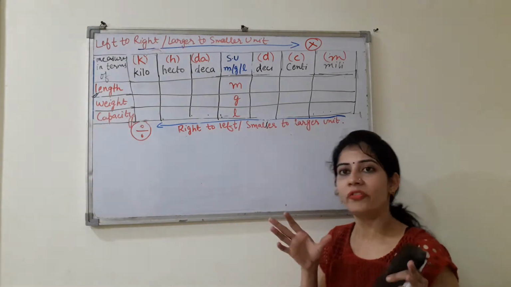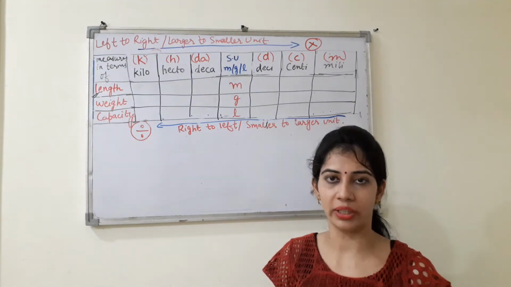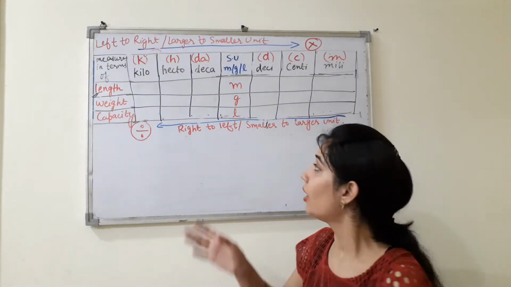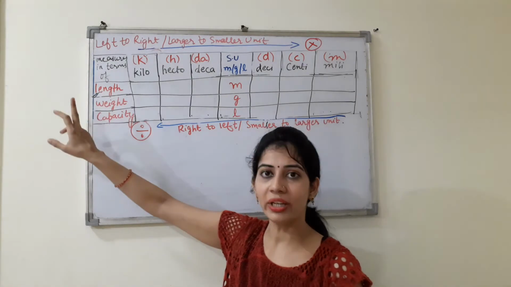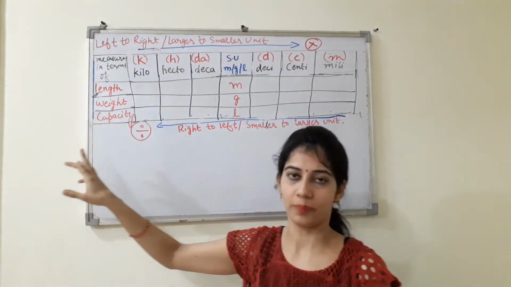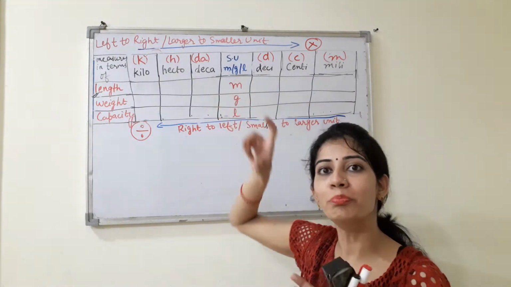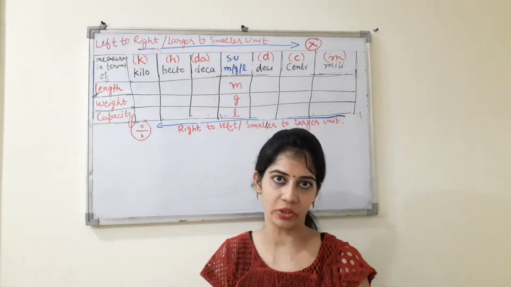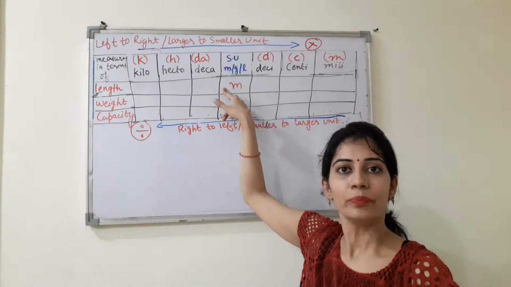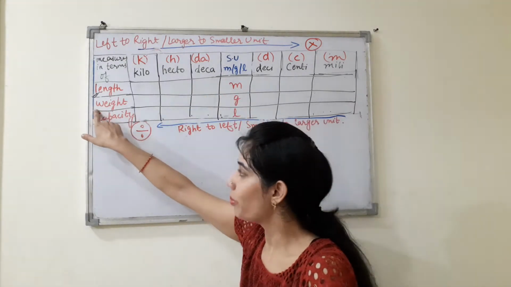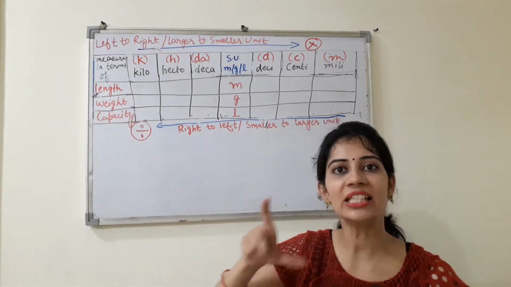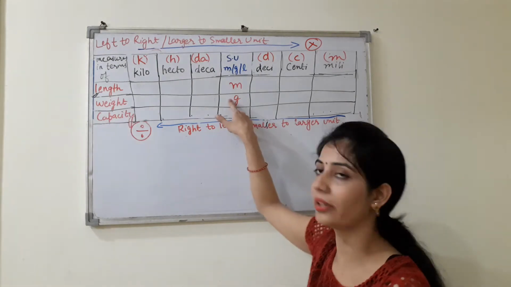So now we have some standard unit, that is predetermined for measuring length, weight and capacity. To measure length we have meter as the standard unit. M is here the meter. To measure weight we have the standard unit, that is grams.